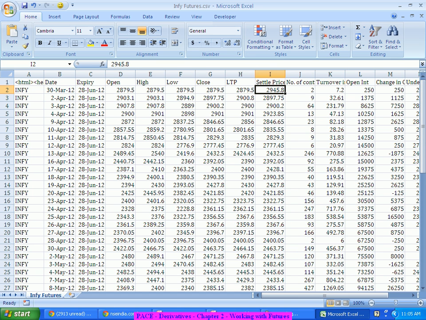Only on 28th August, I really have to pay 2945. Today it's the margin, which is the security deposit kind of stuff, so that I don't default. I'll have to deposit a margin, which is a kind of a security deposit, which is like my own account maintained with the exchange.